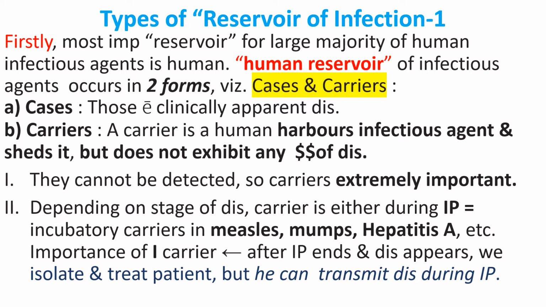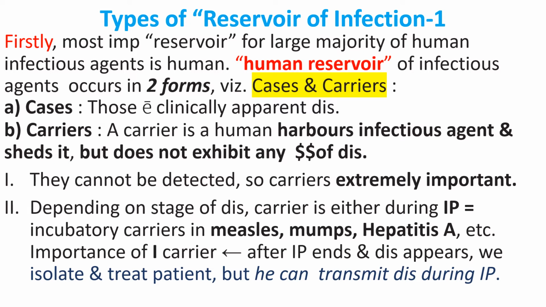These carriers cannot be detected, so carriers are extremely important because they are hidden, and so we must search for them and prevent them from shedding the organism in the environment.